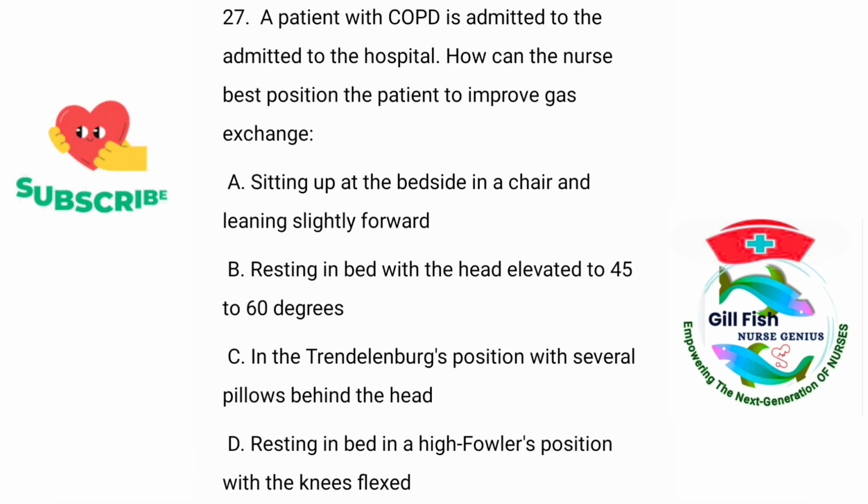A patient with COPD is admitted to the hospital. How can the nurse best position the patient to improve gas exchange? Option A, sitting up at the bedside in a chair and leaning slightly forward. Option B, resting in bed with the head elevated 45 to 60 degrees. Option C, in the Trendelenburg position with several pillows behind the back.